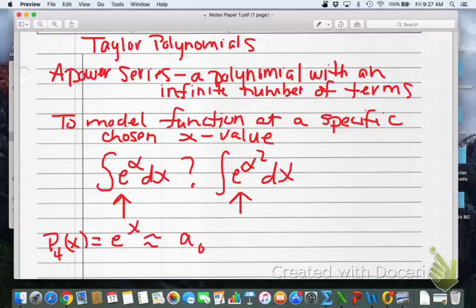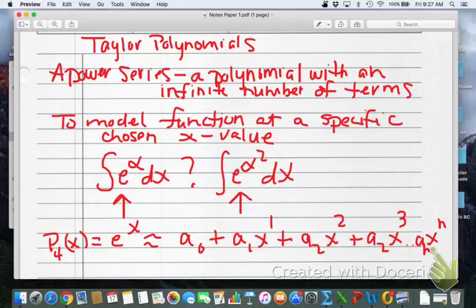Let's say there's a constant. We need to check for that. Then the next term might be a sub 1, x to the 1. There could be a term in the first degree. There could also be a term in the second degree. As many terms as we want to look for. And dot, dot, dot, a sub n, x to the n.